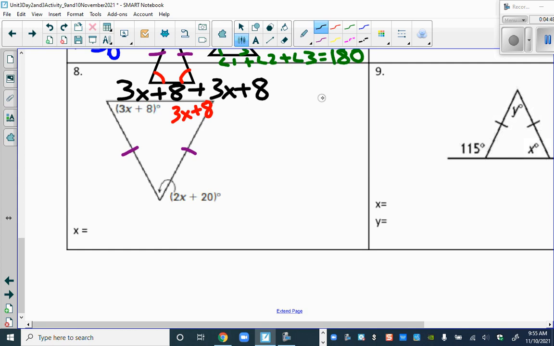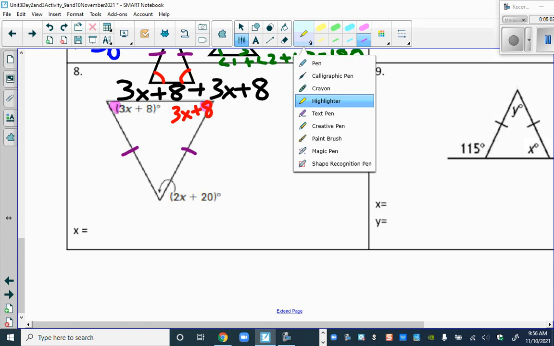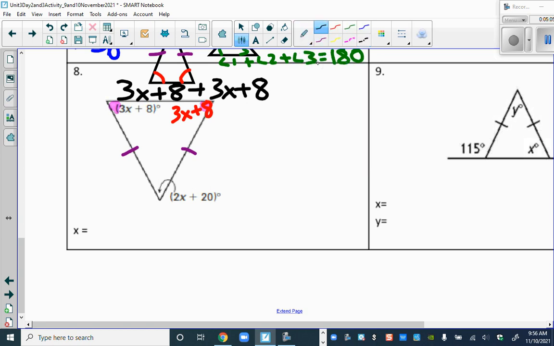I'll put a highlight marker there. This angle and that angle are congruent because they're opposite angles of congruent sides. And then, of course, you can't forget the 2x plus 20. The sum of all three angles, as Jason said, adds up to 180.